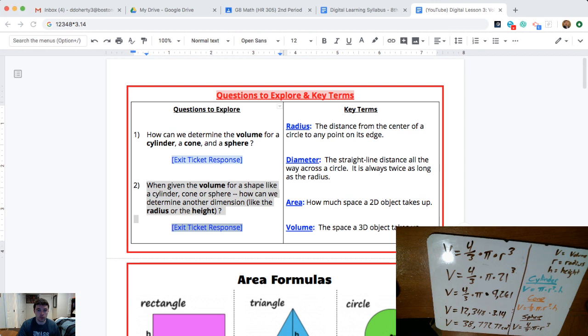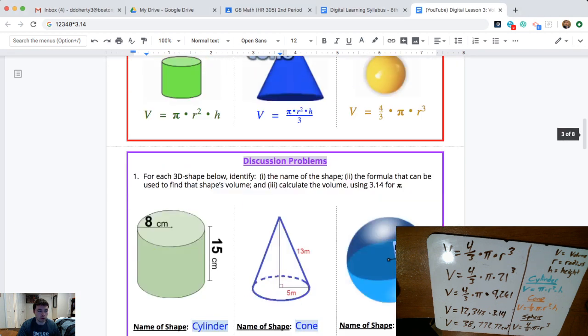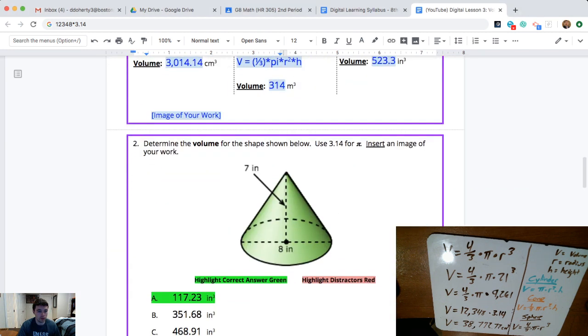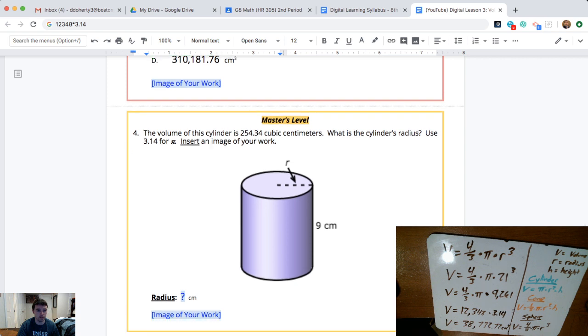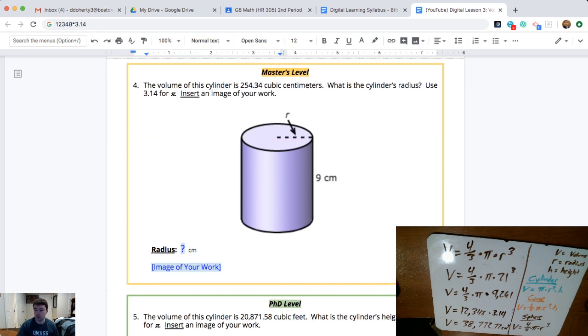So we're going to go ahead and give you a couple minutes to try to work out that 4th problem on your own. 4 and 5 again get more challenging because now they're going to start providing you with the volume for the shape and ask you to use the volume and the formula for the volume to determine one of the other dimensions like the radius or the height for that shape. So I'll give you a minute or two as you're working that out, and then I'll rejoin you and we'll work through the fourth problem together.